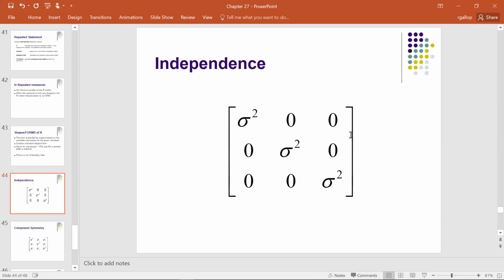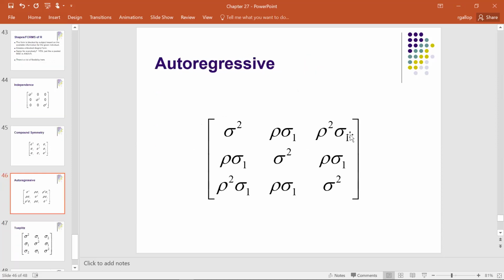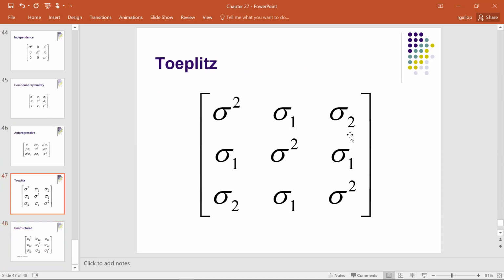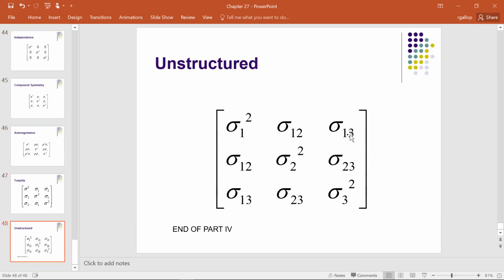Again, there's the independence, compound symmetry, autoregressive, Toeplitz, unstructured. These last four are kind of the typical layout of repeated measures. We're going to take one more look, and that's the next topic that we'll do shortly.